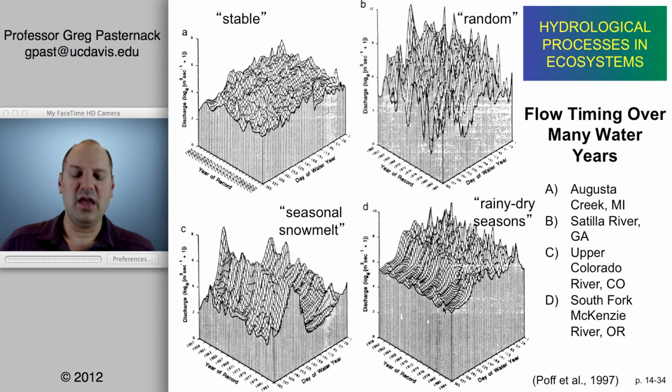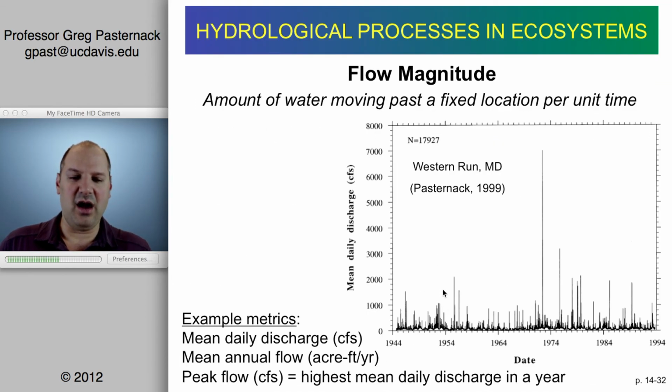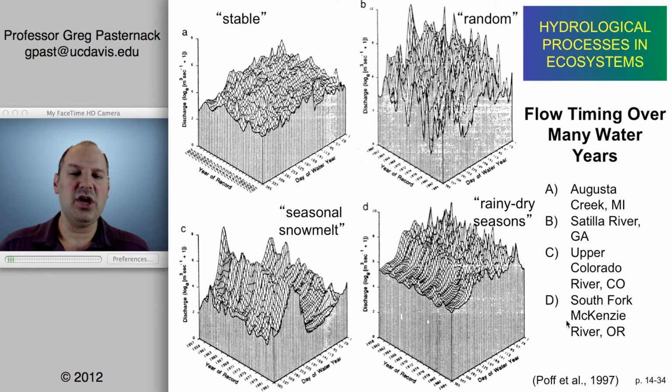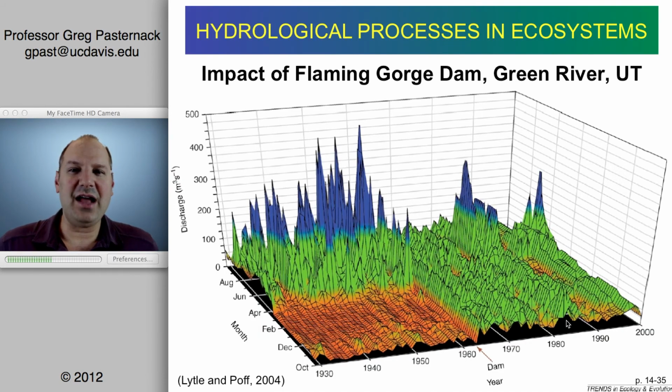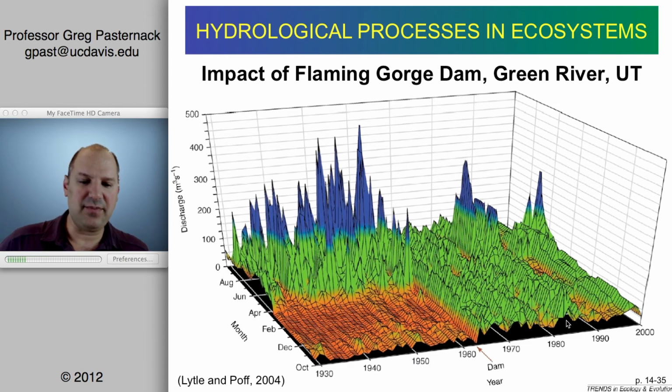So, rather than just looking at all the data as a single two-dimensional plot like you see here, comparing this plot to one of these, you get a much richer perspective on what's happening. And then if you pile on top of that, not just a natural flow regime, but an altered one, you can see something here.